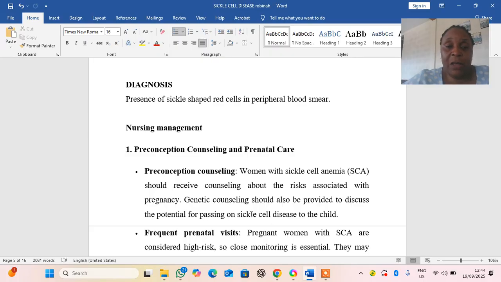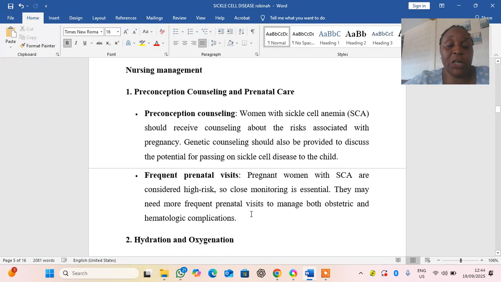So after diagnosing, then we shall handle the management. And during management, let us look at the pre-conception care. Why? Because sickle cell does not come in during pregnancy.